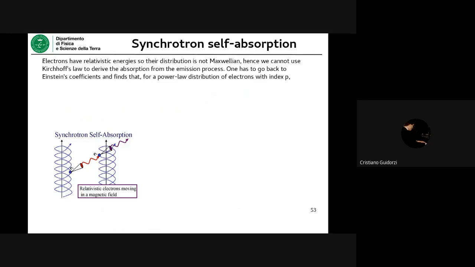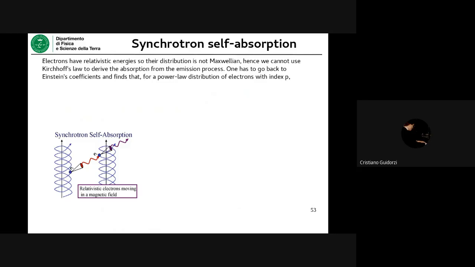We want to calculate alpha, the correspondence. Do we know the source function? The answer is no, we don't. Why? Well, the population of electrons is by no means thermal. We have a power law distribution, which means you cannot apply Kirchhoff's law.